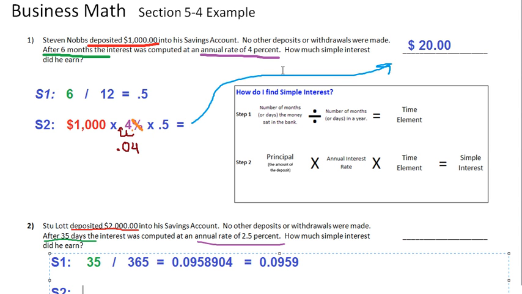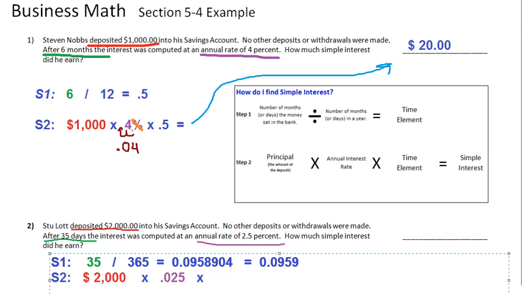Step 2, we take our principal. Once again, it's that dollar amount in this problem, $2,000. We're going to multiply that times the annual percentage rate. Now it's 2.5%. But if you move the decimal over and get rid of the percent sign, it becomes 0.025.